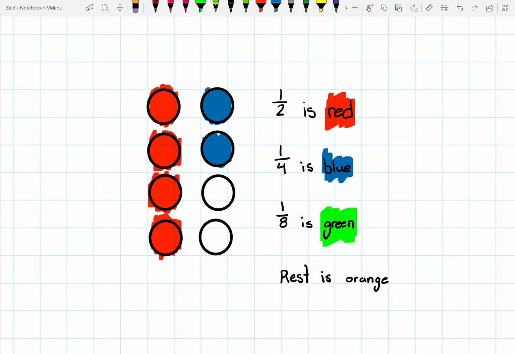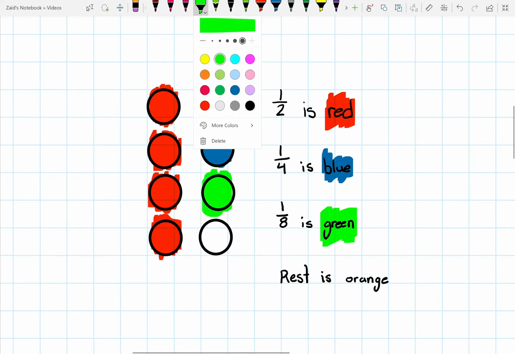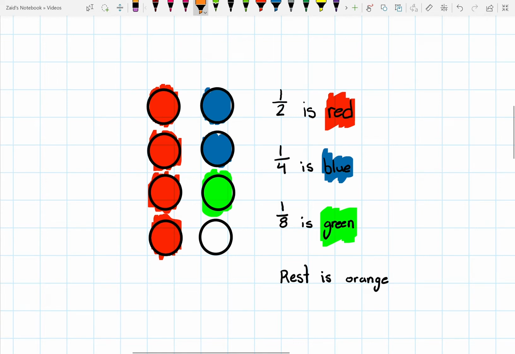And now it says that 1/8 is green. Since there are 8 marbles, that means I have 8 groups of 1 marble each. So I would just shade in one. I'll shade in this one. And it said that the rest is orange, so I would have only one left. I'll just shade in that one.